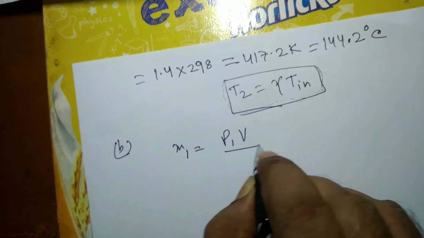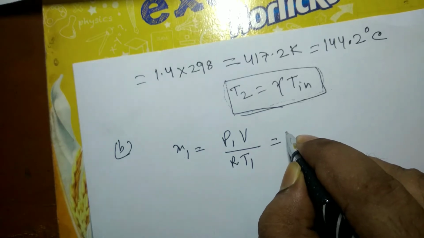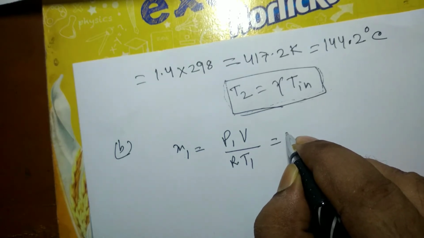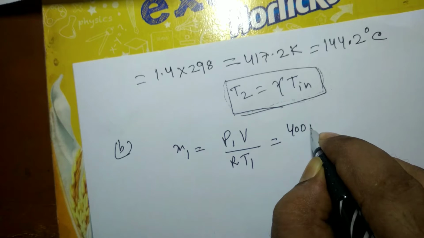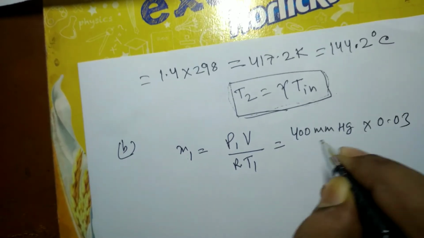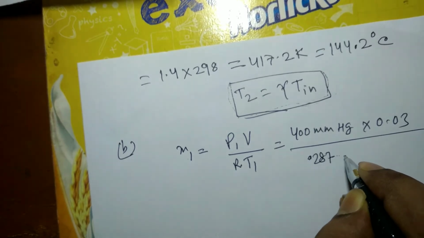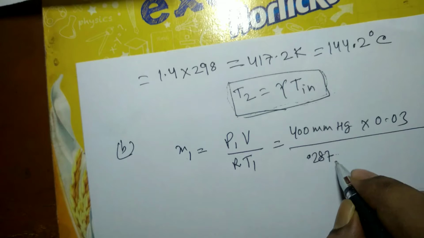p1 V divided by R T1. We need p1, which is 400 mm of mercury, and the volume is given as 0.03 meter cube. R is 0.287 kilojoule per kg Kelvin. We know that R for air is this much.